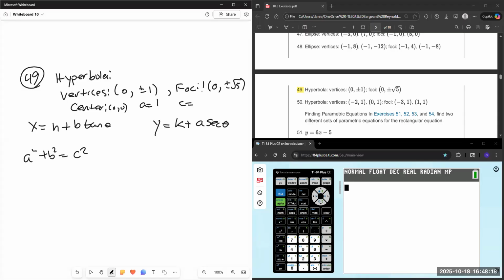C is the distance from the center to the foci, root 5. So a squared is 1, b squared is b squared, c squared is 5, b squared is 4, b is equal to 2. So x is equal to h is 0, b is 2, tan theta, and y is equal to k is 0, a is 1, so y is just secant theta.